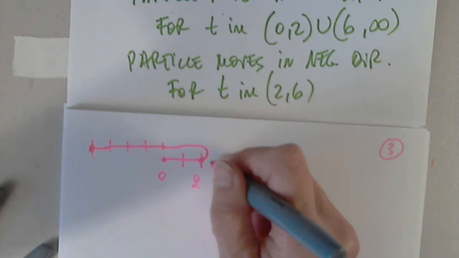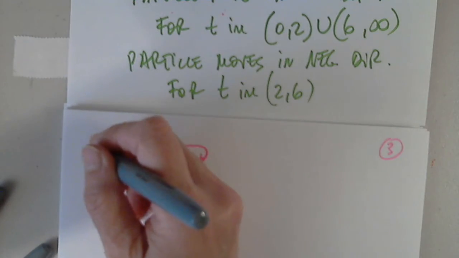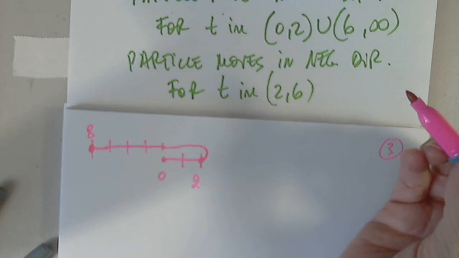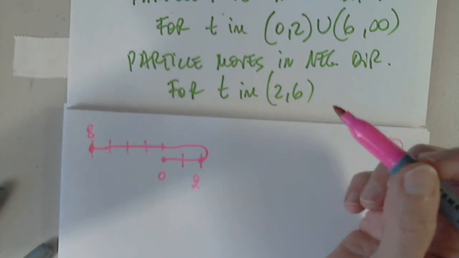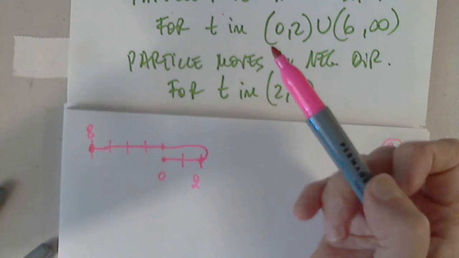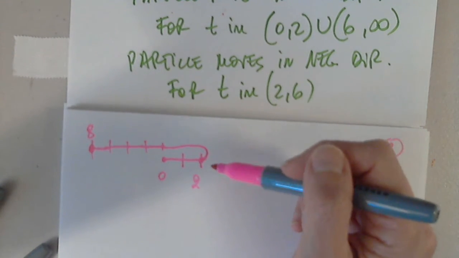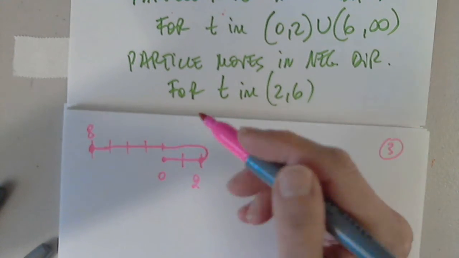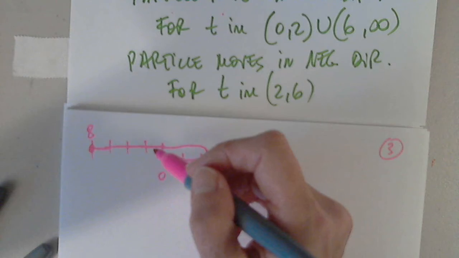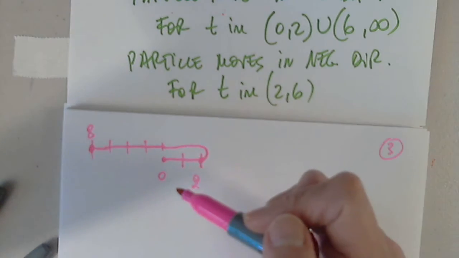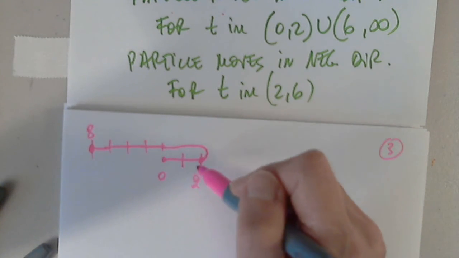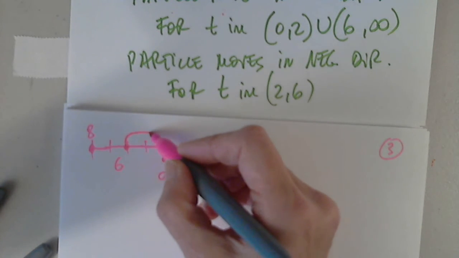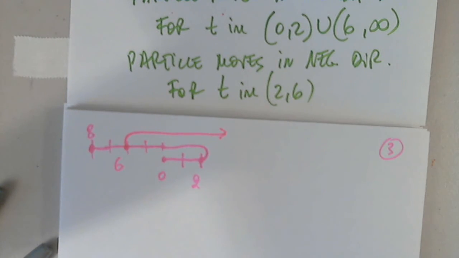So it goes this direction for 2 seconds, this direction for 4, but that 2 plus 4 will be at 6. Oh, I'm sorry, so it turns around at 6. Yes. 1, 2, 3, 4, 5, 6. Right here. At 6, it turns around and goes that way.